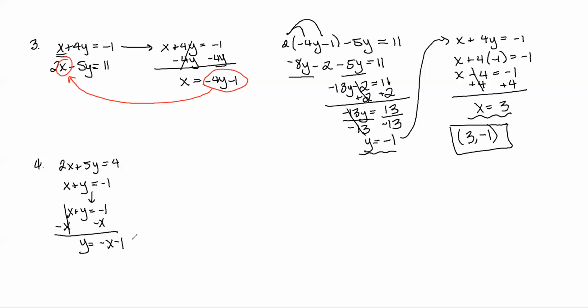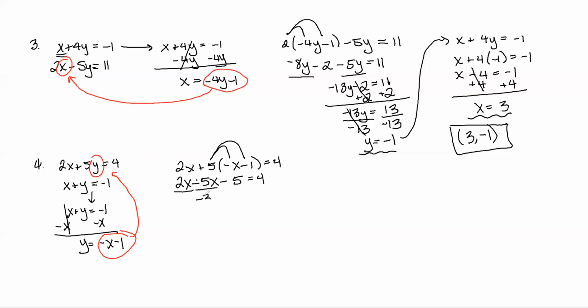And then we're going to take this and plug it into our other equation for y. So we have 2x plus 5 times negative x minus 1 equals 4. Distribute, so we get 2x, 5 times negative x is negative 5x, and 5 times negative 1 is negative 5, equals 4.